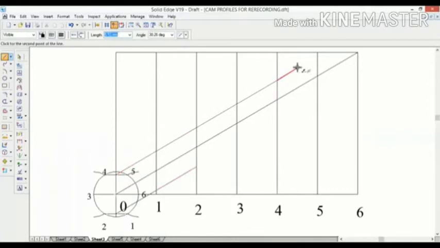So parallel to this line, we find the intersection points. This inclined line is 1 and this vertical line is 1. The intersection where they meet will be 1 dash. So this is 1 dash right now.